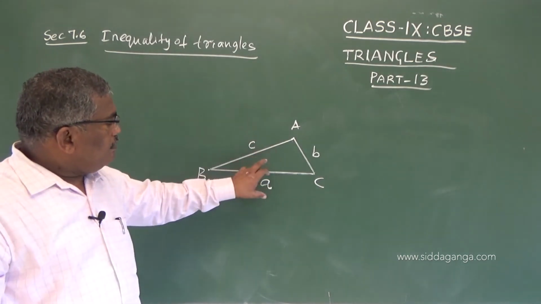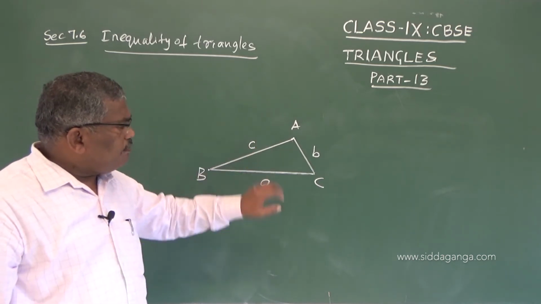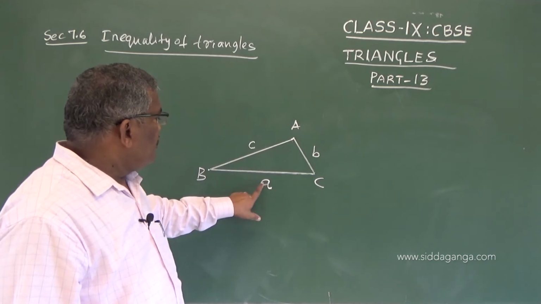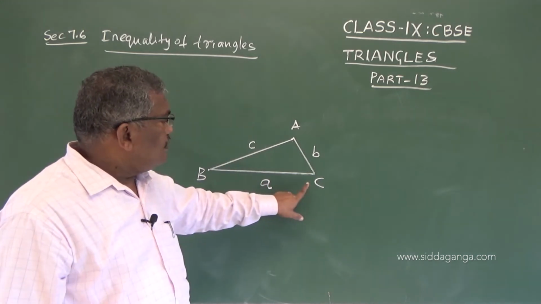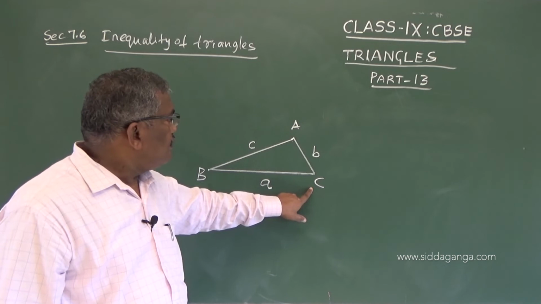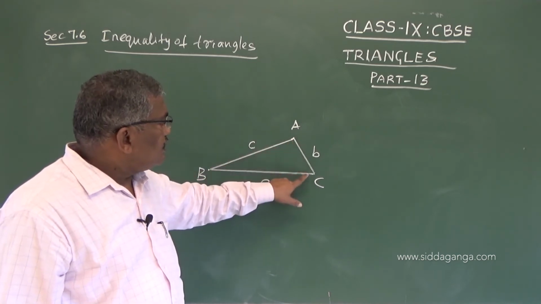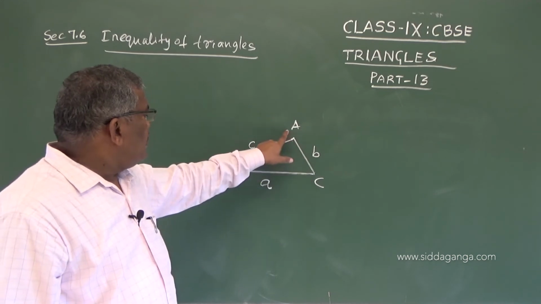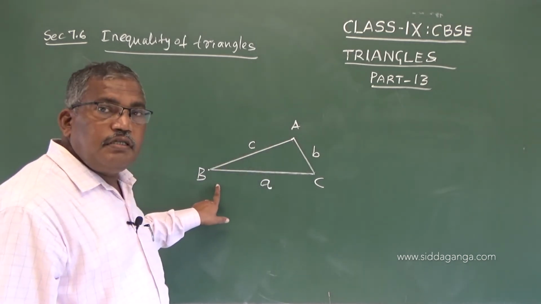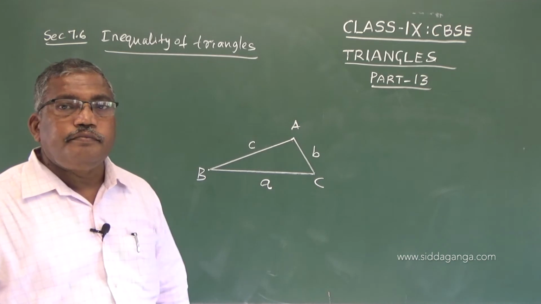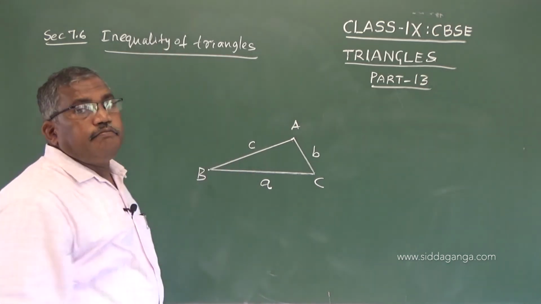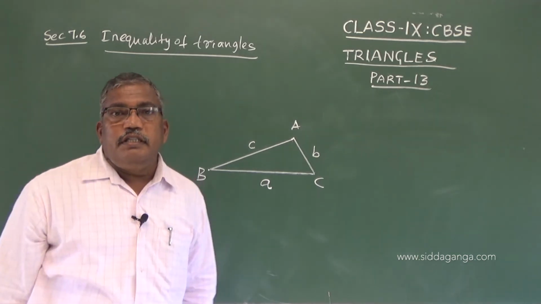As you can observe from the outlook, BC is the largest side and AC is the smallest side, and AB is in between.